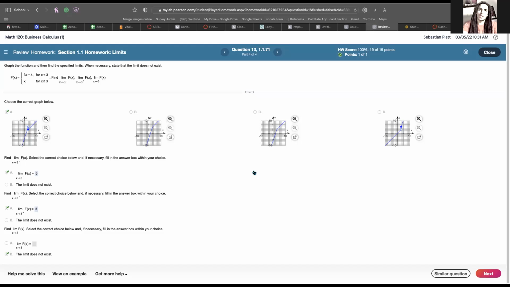So now what we're going to do is try to find the limit. Let's say we're trying to find the limit for 3 from the left. If we were to choose this route, here's what we would do. We would plug the 3 into the 3x minus 4. So we would do 3 times 3, which equals 9, minus 4, and that equals 5.